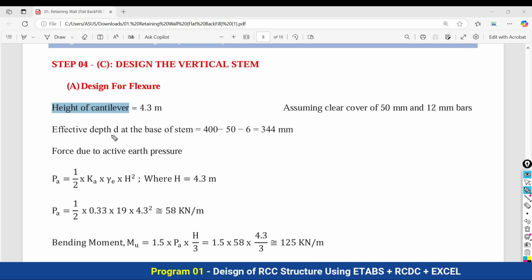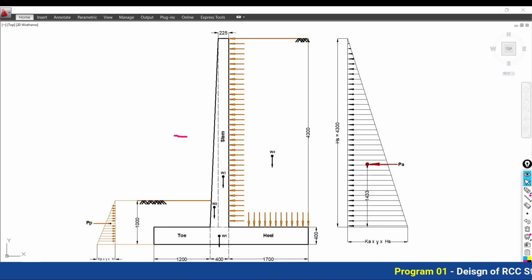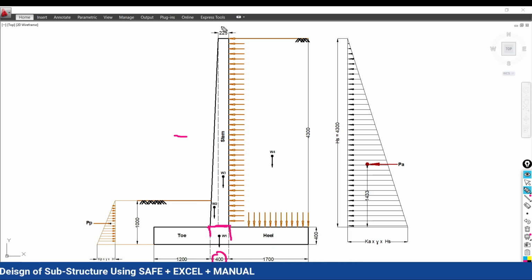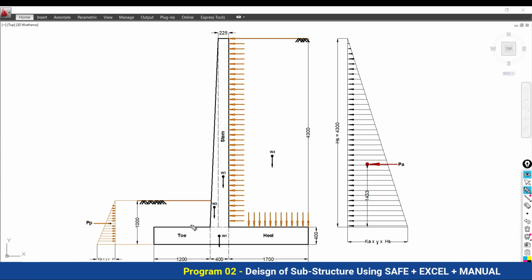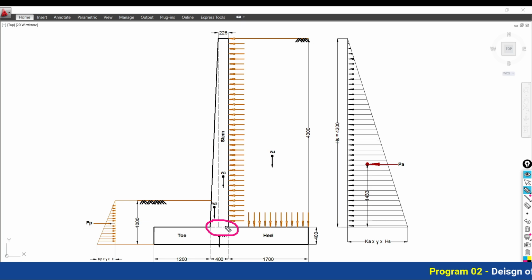Thereafter, effective depth d at the base of the stem. When you see the figure, at the base we have considered the width or thickness of this vertical stem as 400 mm, and on the top it is 225 mm. We basically are going to calculate the moment at the bottom, and we are going to design the reinforcement for the bottom face, and that same reinforcement we are going to extend over all the height of the cantilever portion.